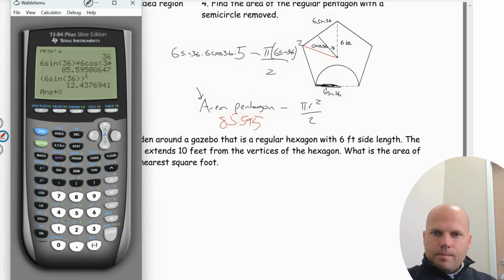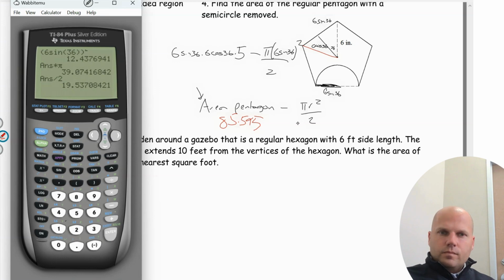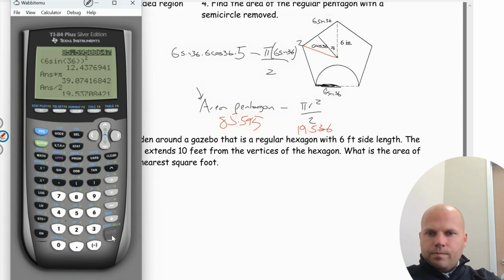Times pi divided by 2. Subtract the two numbers. Enter. Minus. Enter.